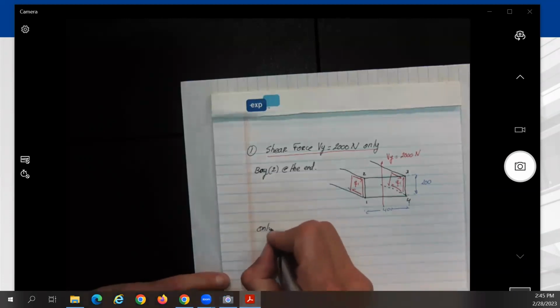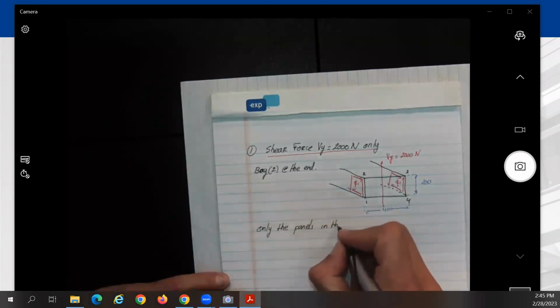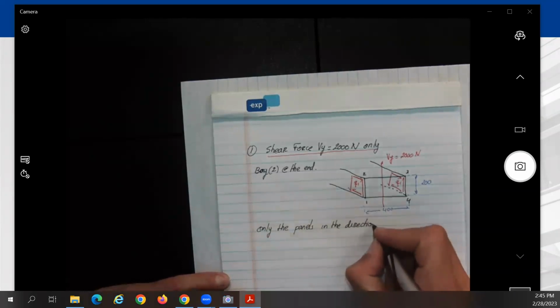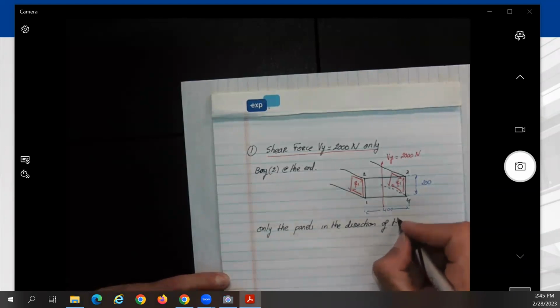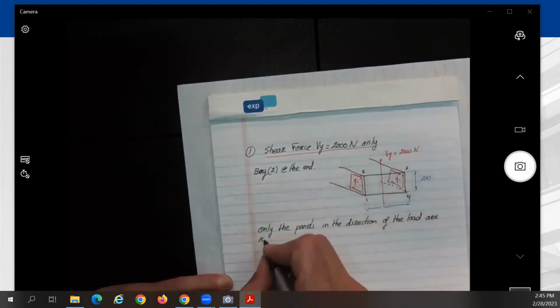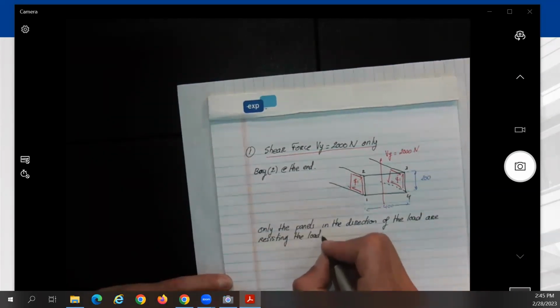Only the members or the panels in the direction of the load are resisting the load.